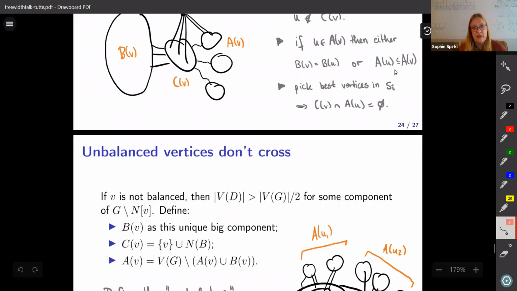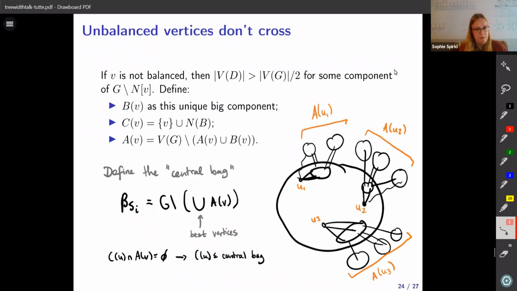But what happens is the big parts line up. And again, look at the picture. This is sort of a joint B side for all of them. The big side, they all agree this is the part of the graph where things are bad. This is the big part where we need to work more. And then each cuts off its own private little bit of the graph.